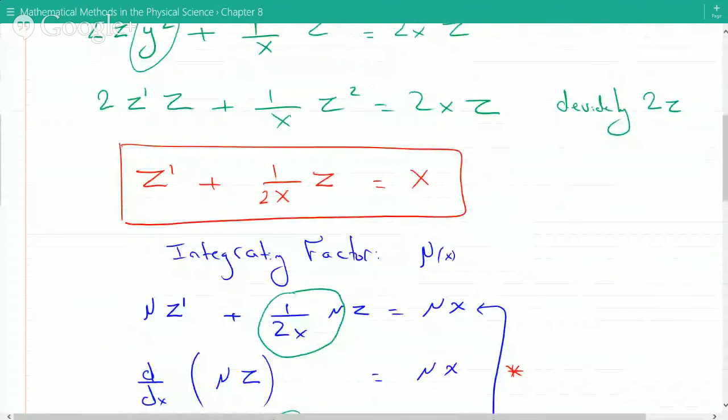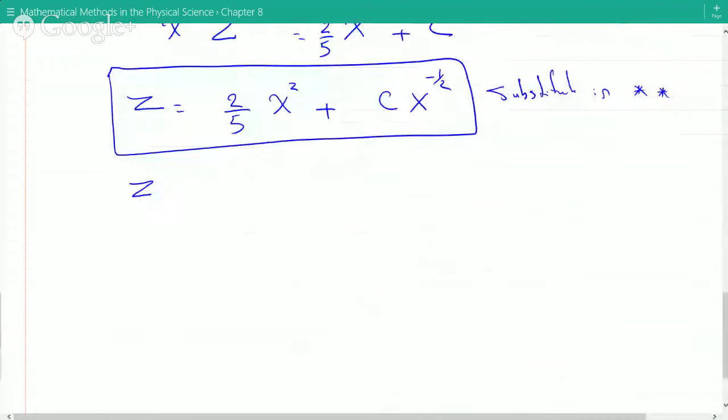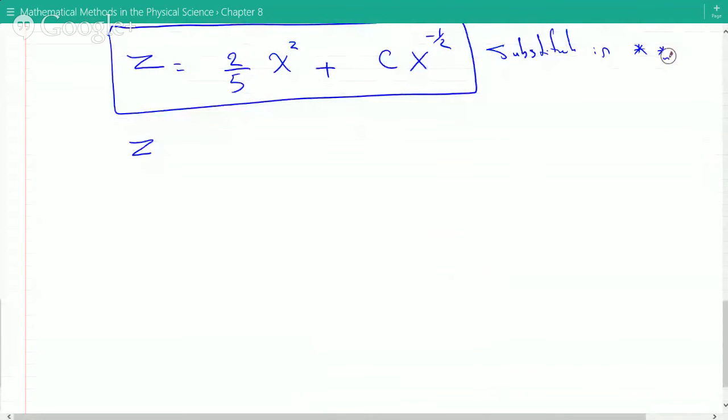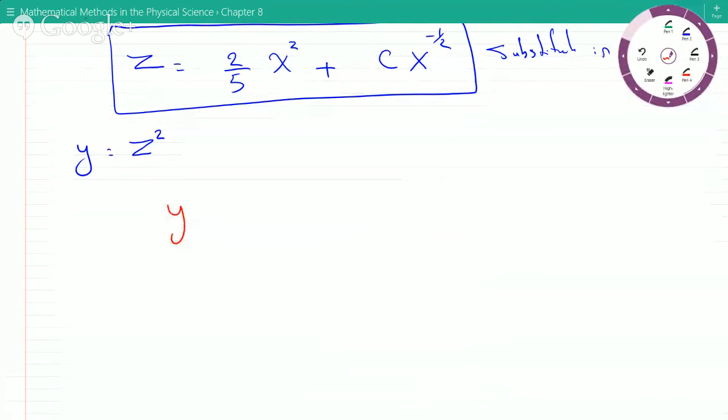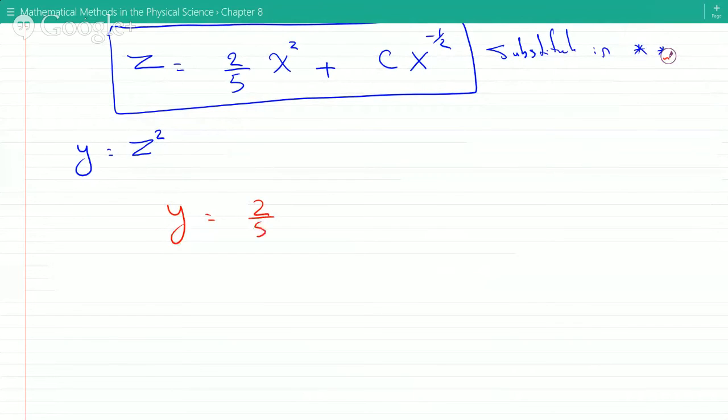Y equals z squared. So that means y is just the square of this. Square of the answer. 2/5 x squared plus c x to the minus 1/2, all squared.